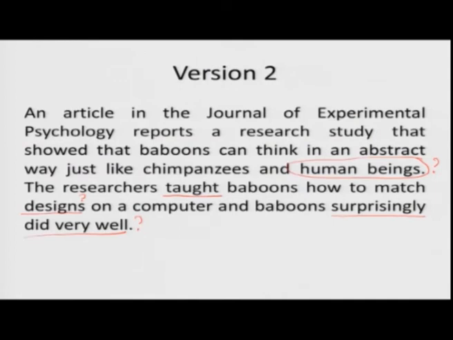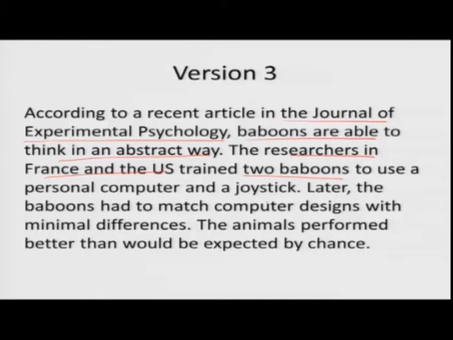And this oversimplifies. It says they were taught. So, what were they taught? What were they actually trained at? So, it involved use of personal computer and a joystick. Later, the baboons had to match computer designs with minimal differences.